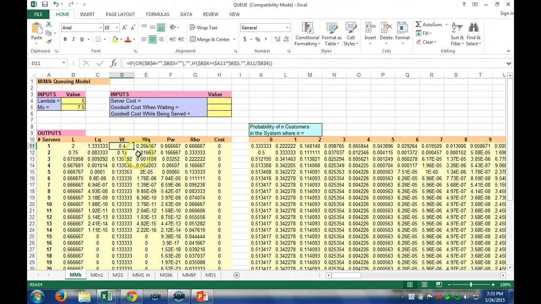The average time they spend in the system, either waiting in line or being served, is 0.4. Now what does that mean? 0.4 minutes or 4 minutes? What do we put in our lambda and mu as? 5 per hour and 7.5 per hour. So this is 0.4 hours.